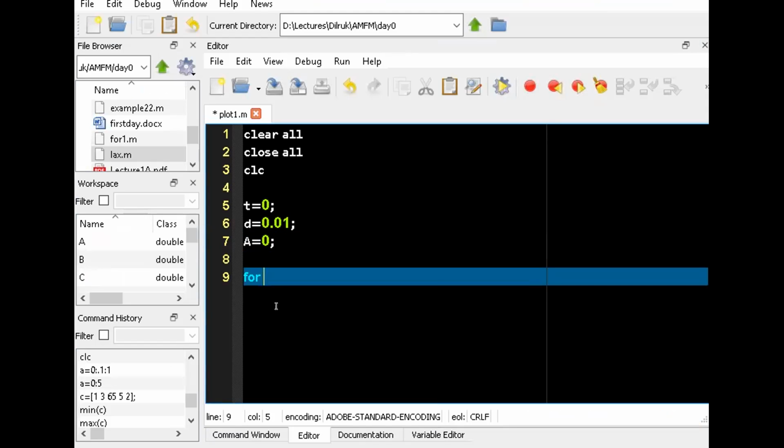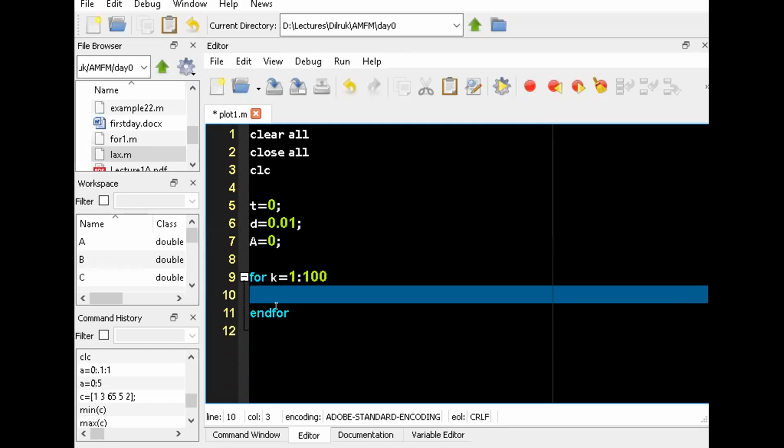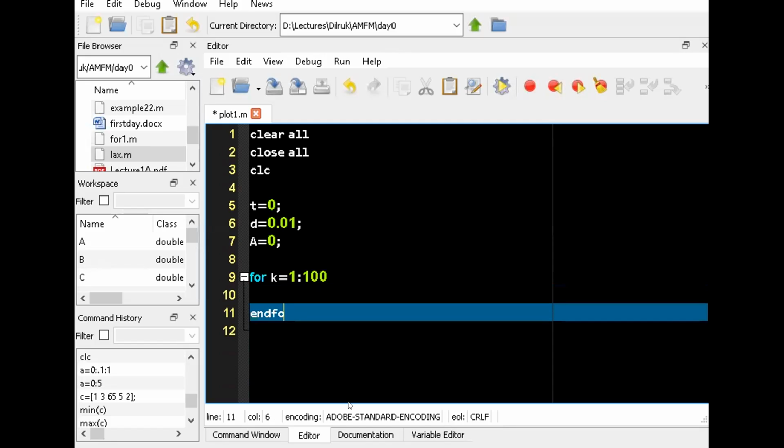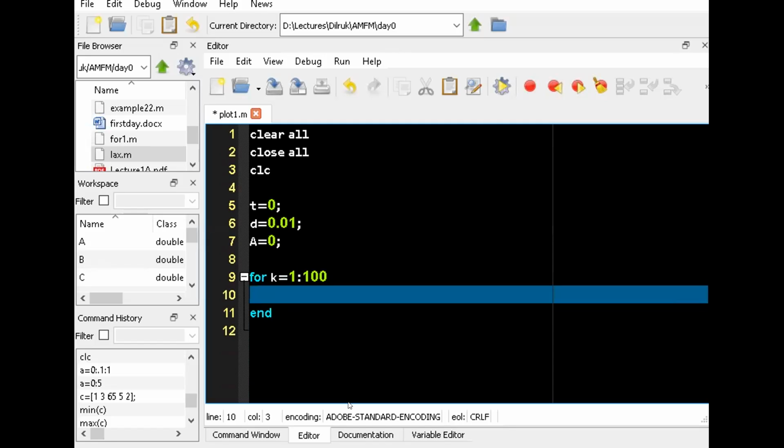Let's use a variable, let's say k. k goes from 1 to 100. So this is your for loop and you end this loop. This is the body part. I think you know these things, you are experts on this.